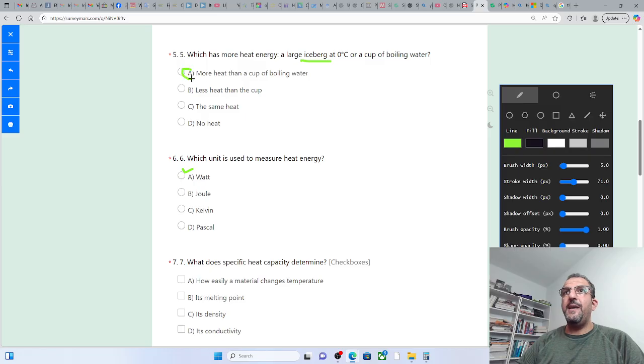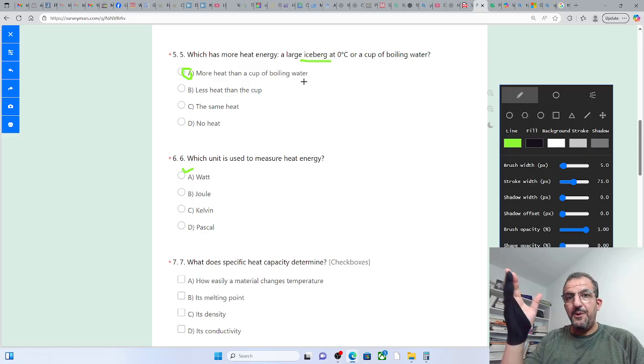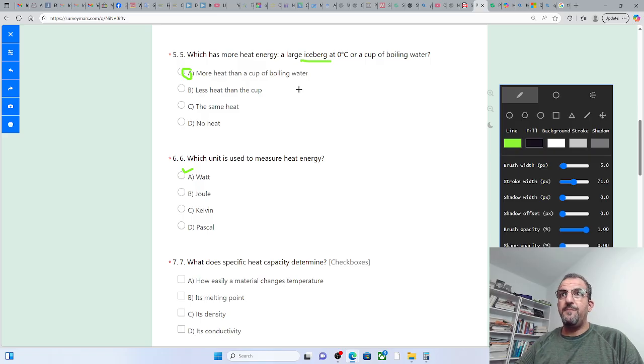So I guess A is the right answer, because the cup of water will have fewer water molecules, and so more heat depends on how many molecules the system has. Okay, and you can see that the cup of boiling water will have fewer molecules.